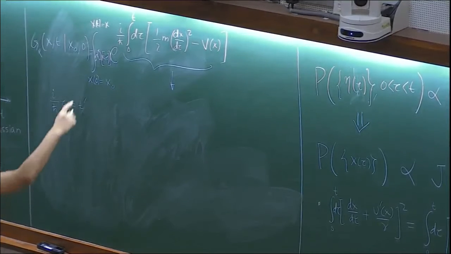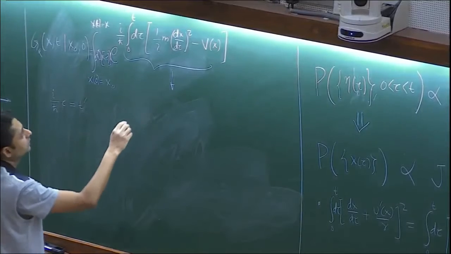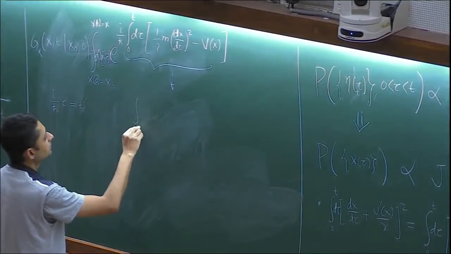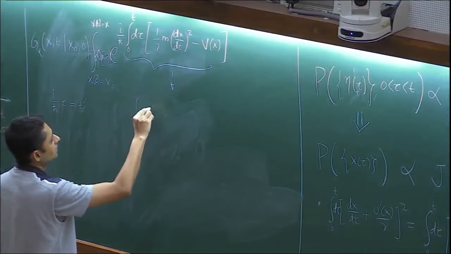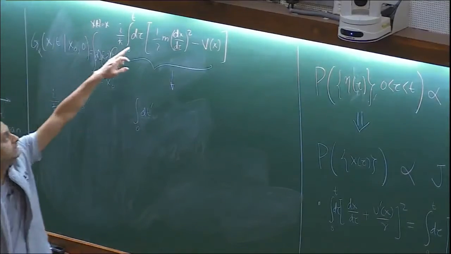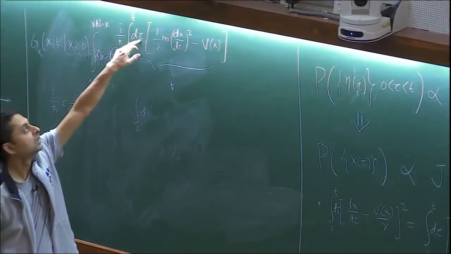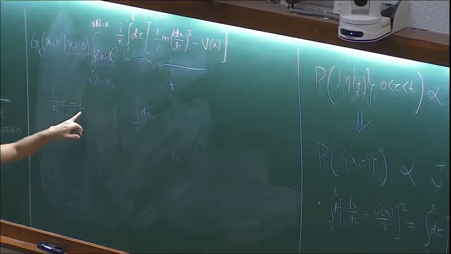So this goes from 0, dt prime, i by h cross d tau becomes dt prime. What is the upper limit?